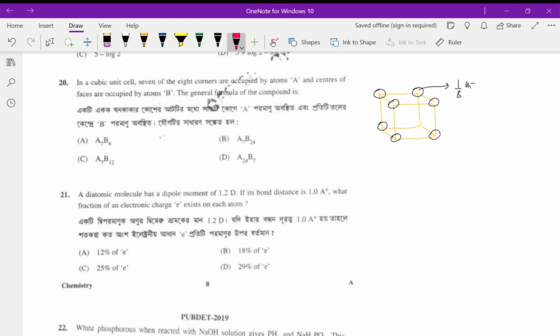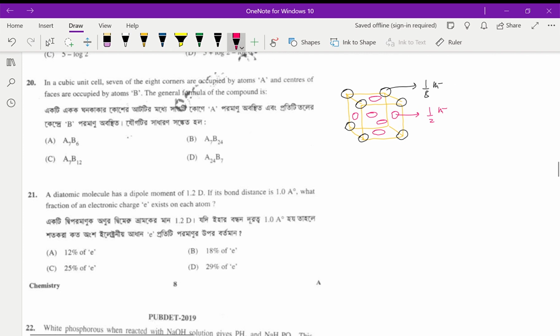Now for the top, bottom, left hand side, right hand side, back, and front face, these are your B atoms. These have a contribution of half.